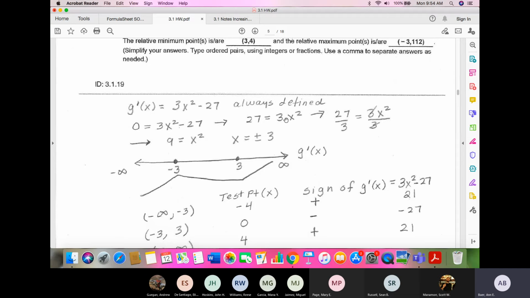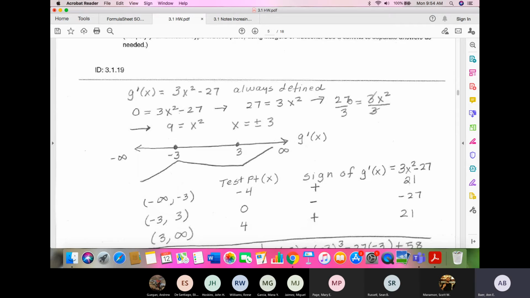Let's move this 3, the opposite of multiplication, division. So this 3 is going to end up in the denominator on this side, and the 3's will cancel, and we're left with x squared. 27 divided by 3 is 9, equals just x squared on this side.